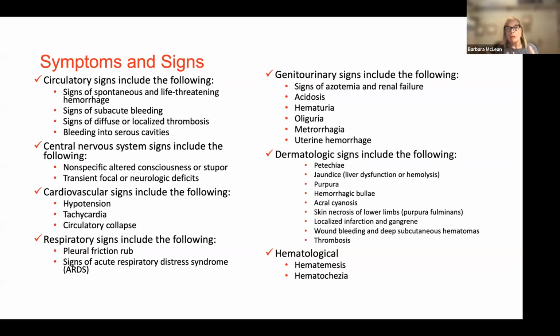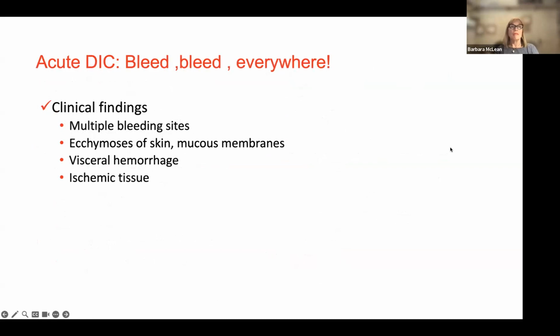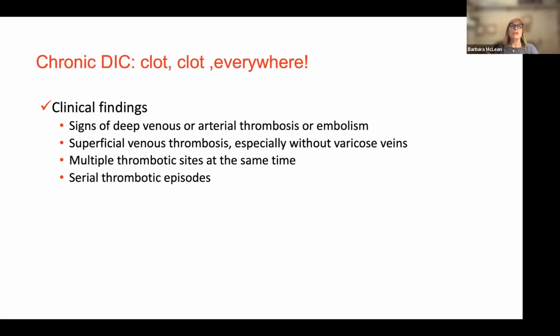If I feel like every time I touch him, and every single little stick I make, he is bleeding. That is a much more specific sign for DIC. So let's remember, acute DIC: bleeding everywhere, multiple sites, ecchymosis, mucous membranes, visceral hemorrhage, and ischemic tissue.